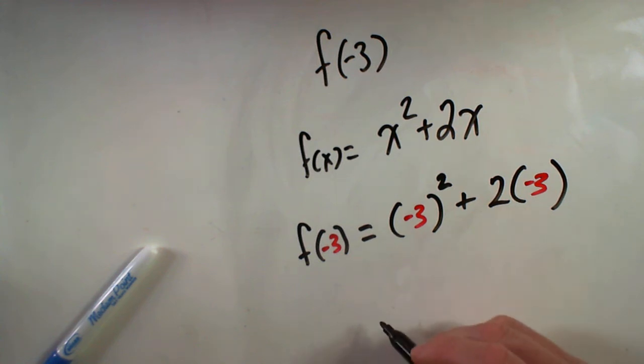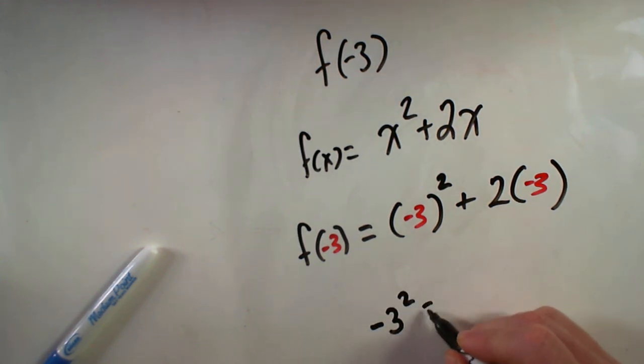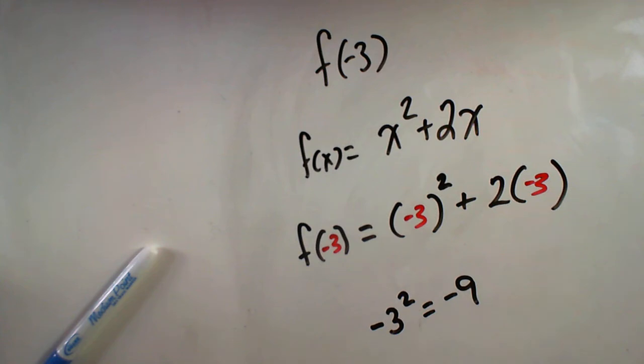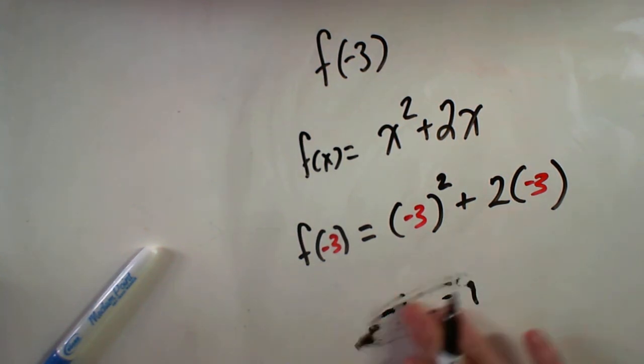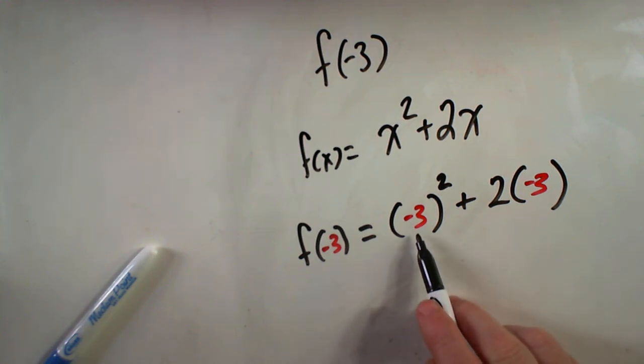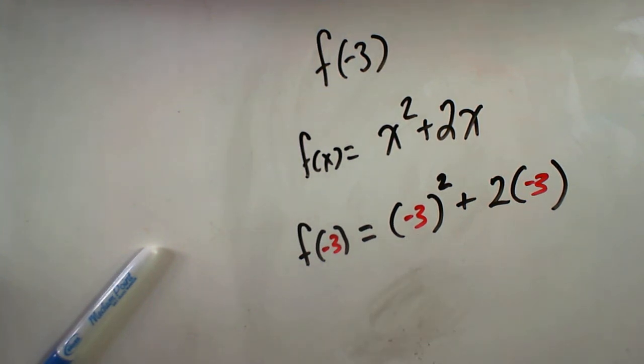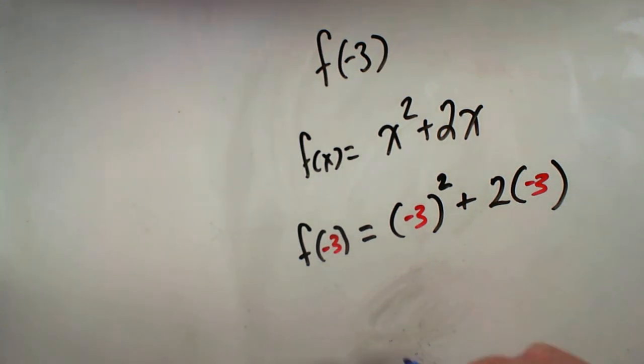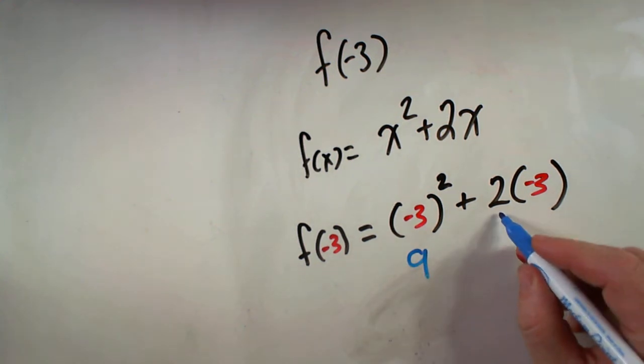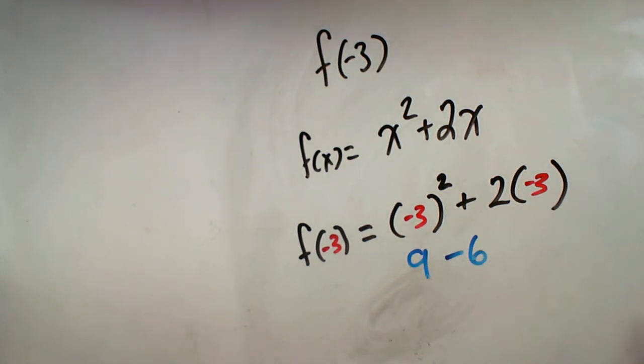There is a difference between negative 3 squared, that's negative 9, because that's going to take 3 times 3, which is 9, so it's going to square the 3, then it's going to make it negative. That's not what we're doing here. In this problem, we are taking negative 3 times negative 3, and a negative times a negative is a positive, so negative 3 squared gives us a positive 9 there. 2 times negative 3 is minus 6, so my end result is a 3.